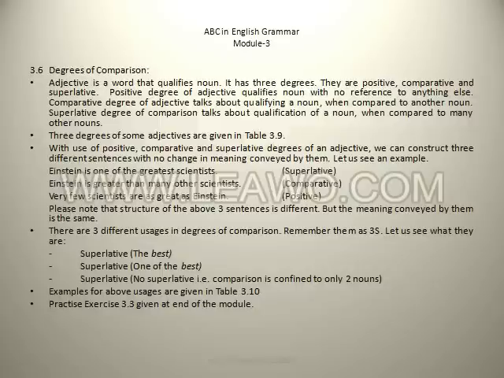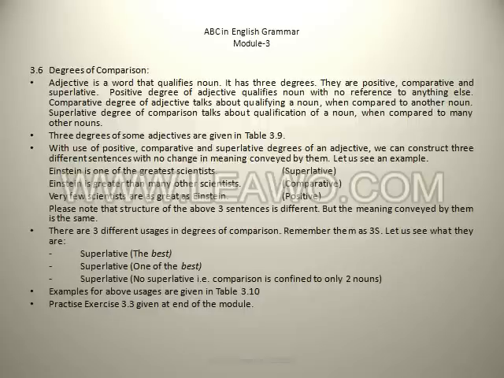There are 3 different usages in degrees of comparison. Remember them as 3Fs. Let us see what are they. Superlative by using the best. Superlative by using one of the best.